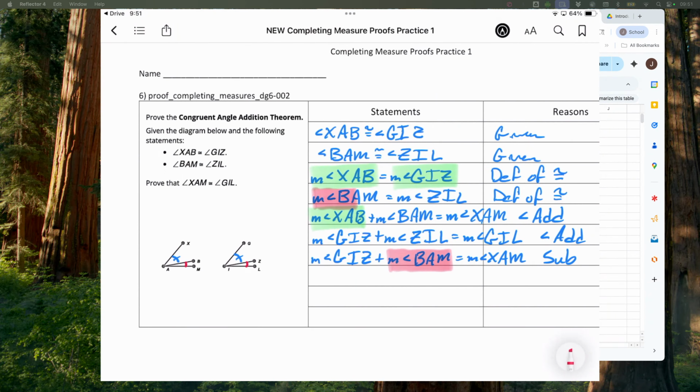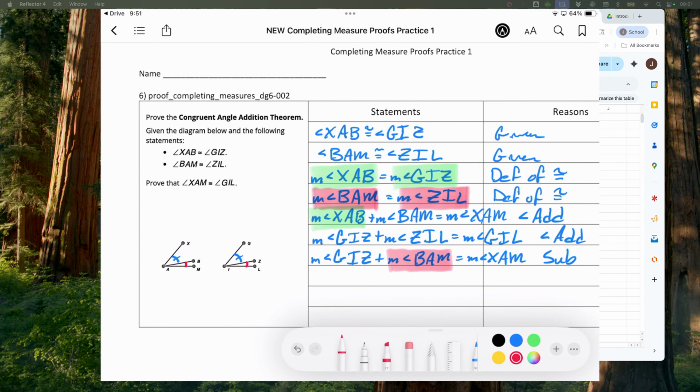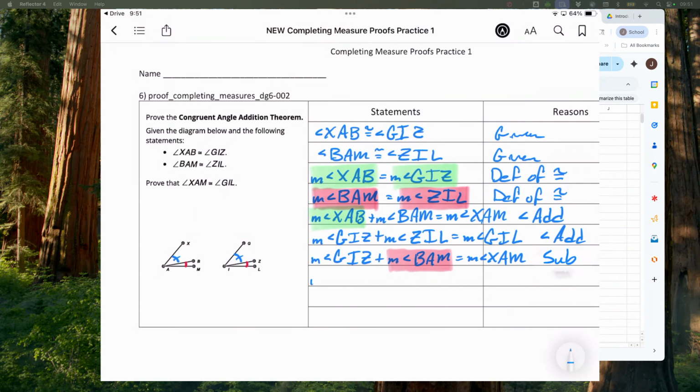ZIL replaces BAM. So the measure of angle GIZ plus the measure of angle ZIL equals the measure of angle XAM. It's also substitution.